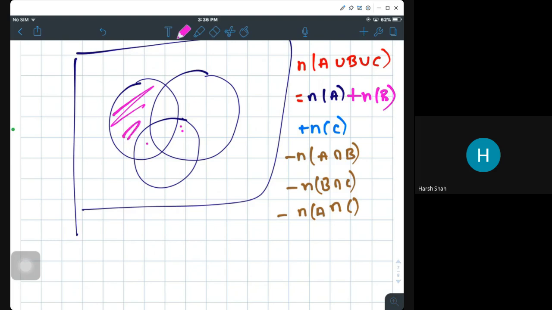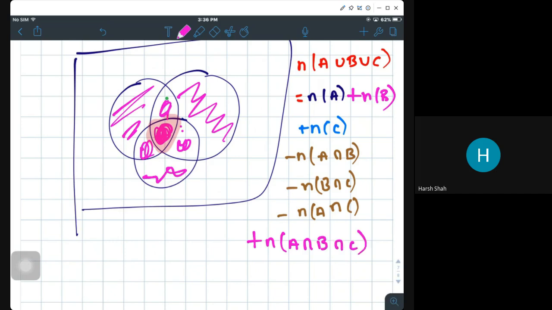So I took this part, this part, this part, and one time this part. But I subtracted the shaded region 3 times. Now this is not what I want to do, right? So what should I do? I should be adding the intersection part once again so that it balances out my formula. So I'll write n of A intersection B intersection C. Is it clear?